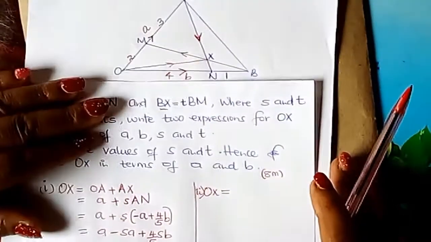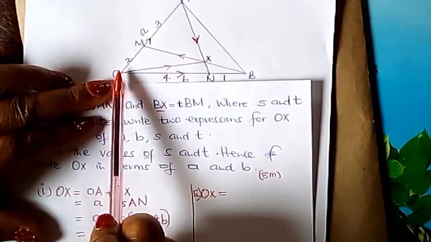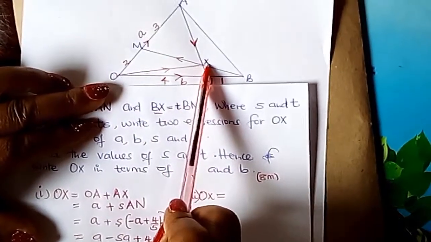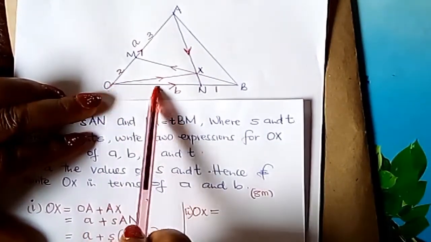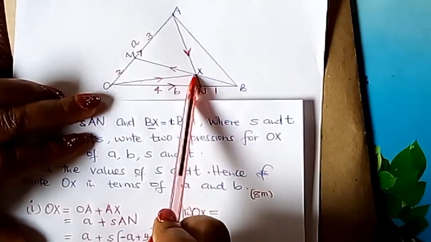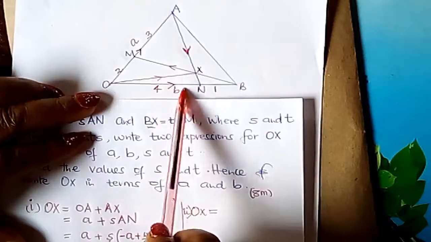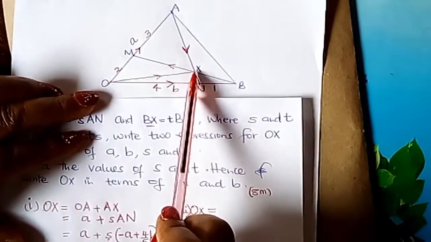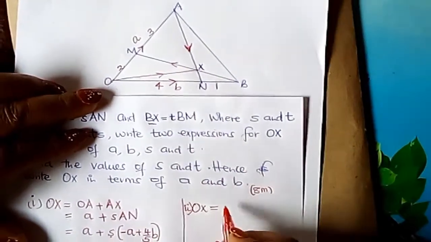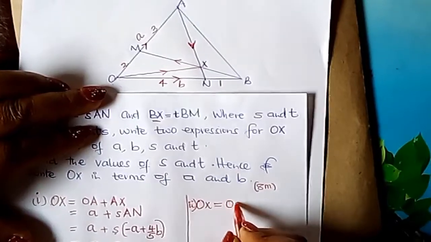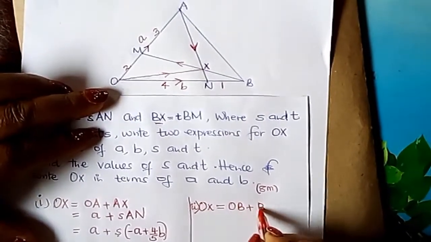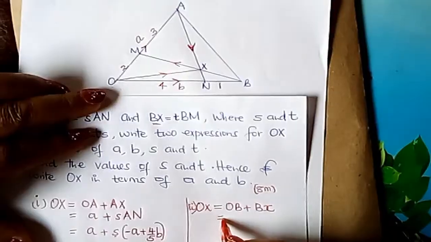OX is the same as OB plus BX. Check on that. We have used our BX. And therefore you write, it's the same as OB plus BX.